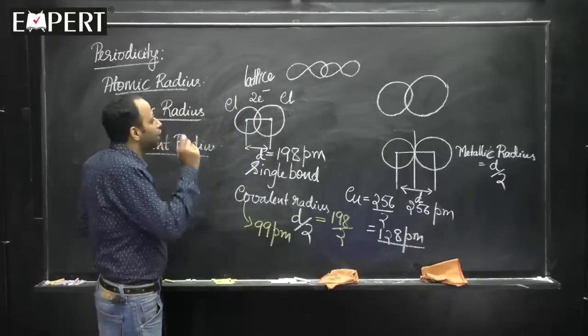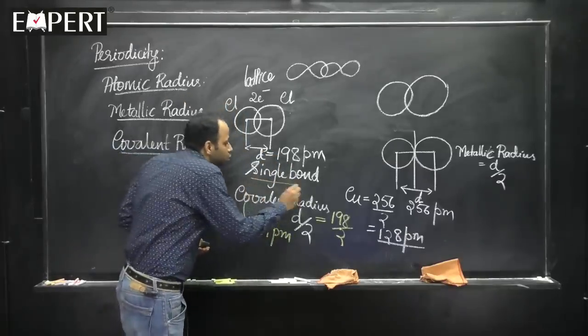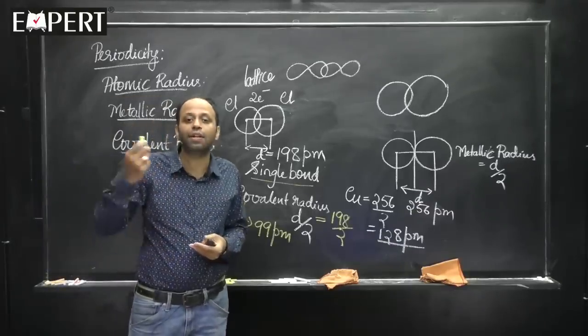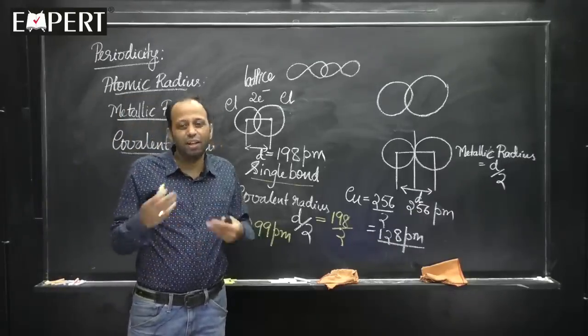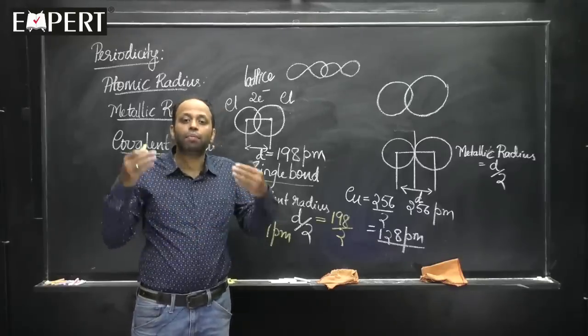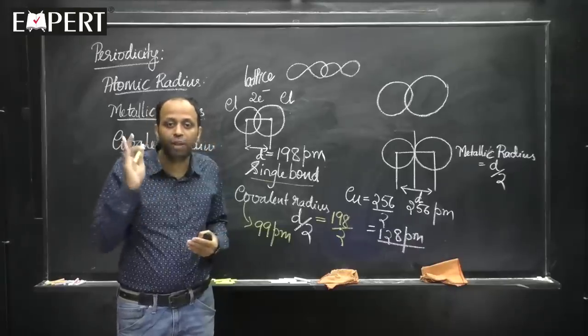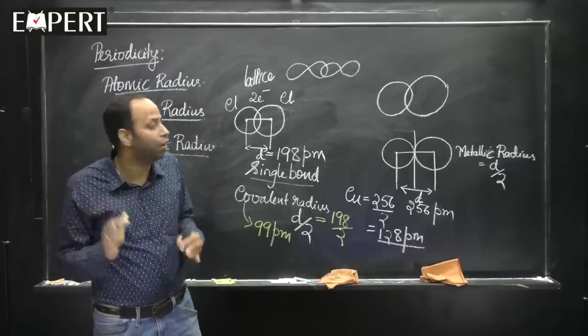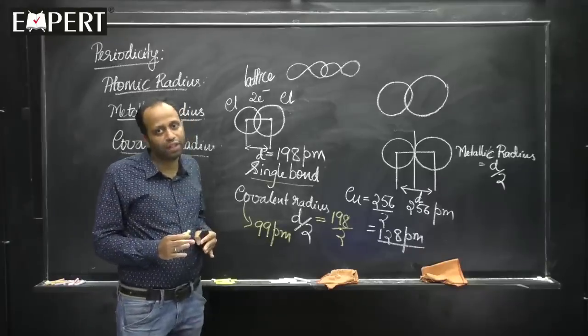But remember, when you are writing the definition, this word should be there, single bond, because covalent bond can be single, double, triple. Okay. Again, you will study this in chemical bonding chapter, but what you should know is the bond should be a single bond only. So, this is something that you have to know as far as definition goes.